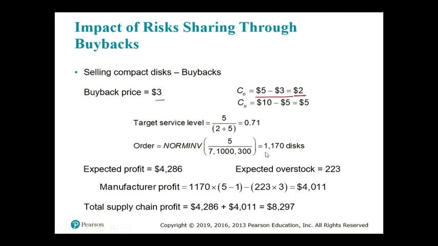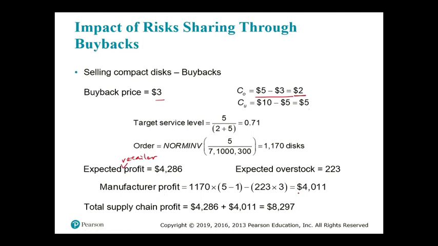And we can calculate the expected profit by the retailer is higher, because now the manufacturer shares the inventory risk. Now the expected overstock can also be calculated, and then we can compute the manufacturer's profit.